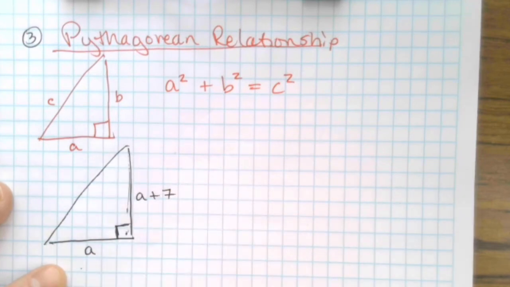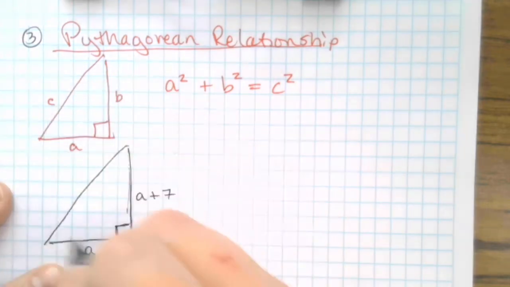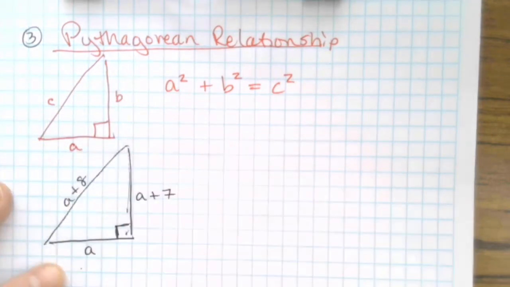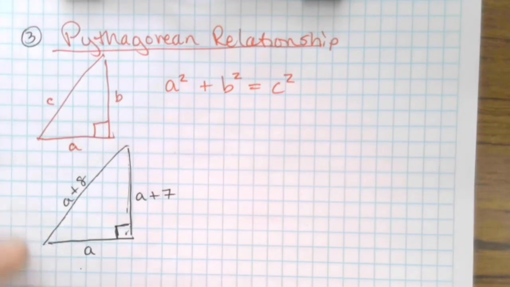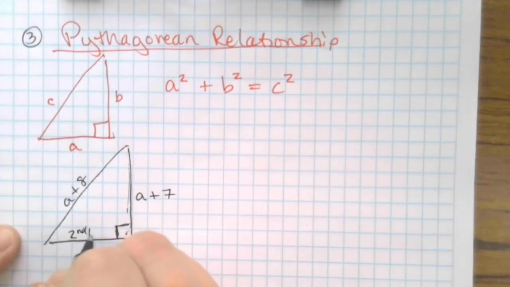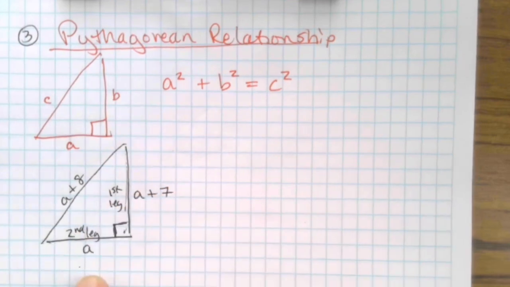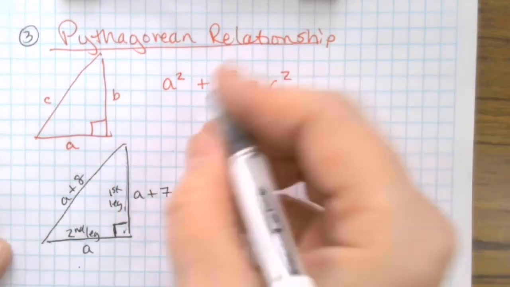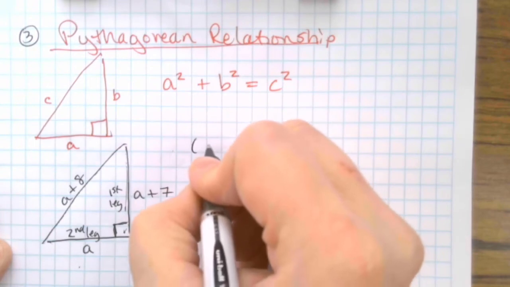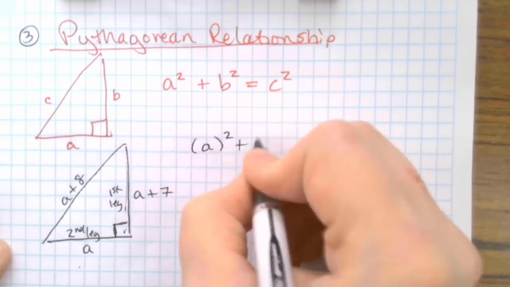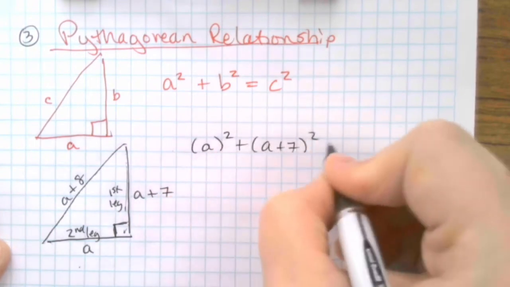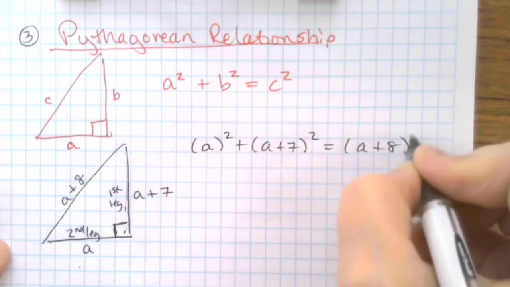The hypotenuse is 8 more than the second leg, so A plus 8. This is assuming we call this one the second leg and this one the first leg. Now we take these lengths, put them into the equation, and you get A squared plus (A plus 7) squared equals (A plus 8) squared.